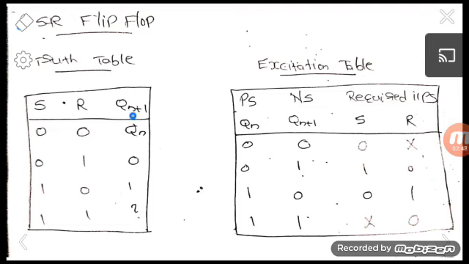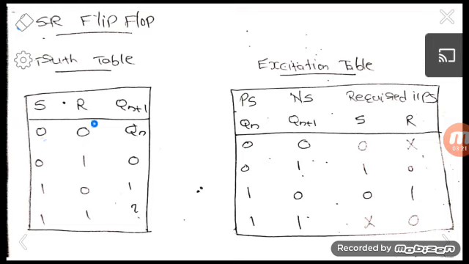By observing this truth table, we know that for the first condition, where we need the output of the flip-flop to stay at 0, that is 0 to 0, we can choose the first condition when S equal to 0 and R equal to 0. When S equal to 0 and R equal to 0, the output of the flip-flop will not change. If the output is 0, it will remain 0.